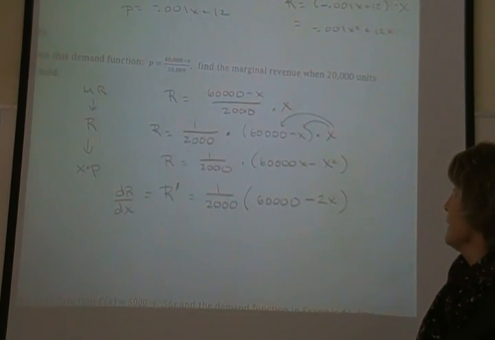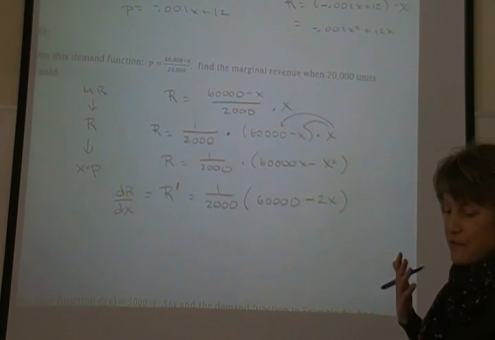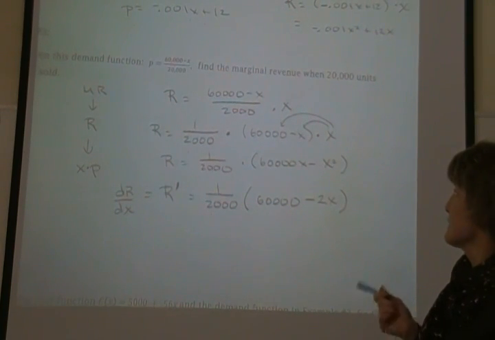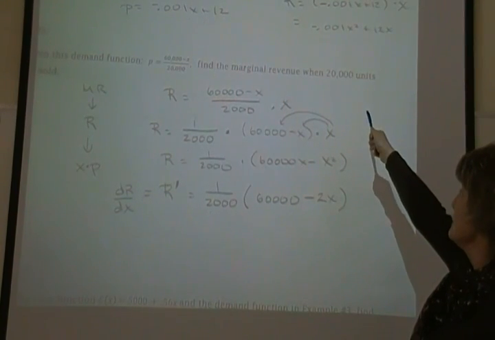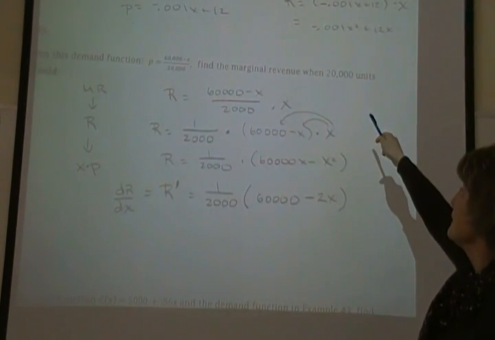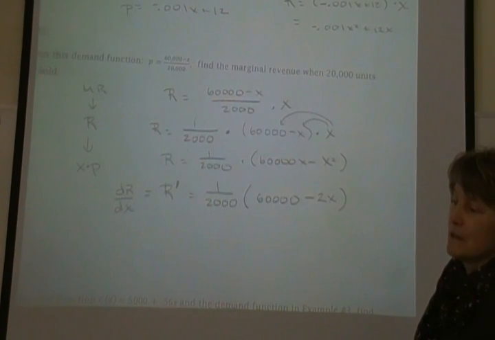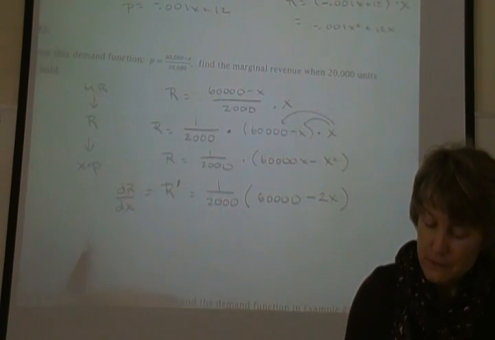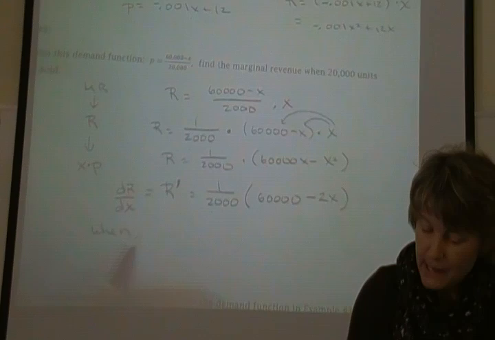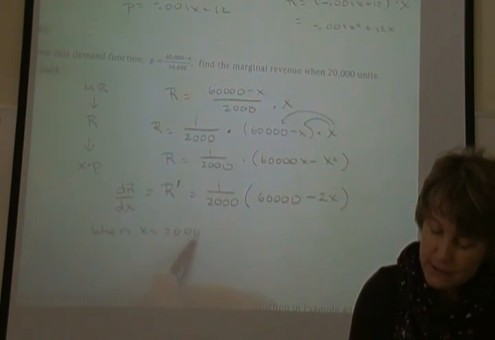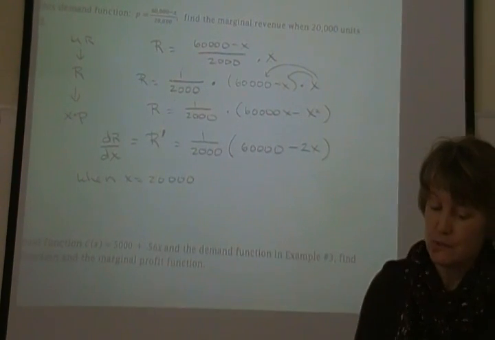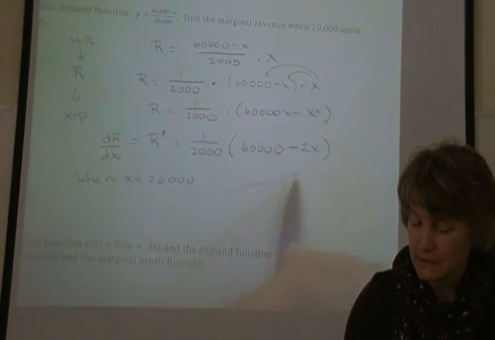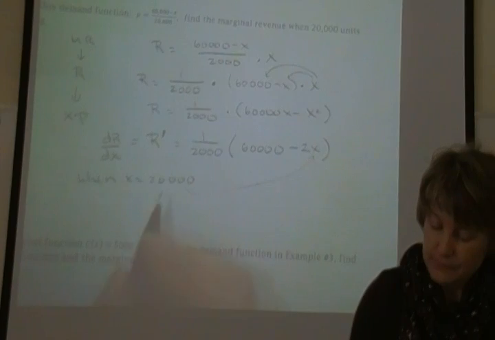And to finalize my answer, they wanted marginal revenue, which I have, but when 20,000 units are sold. So when x equals 20,000, because x is always the number of units, all I've got to do is plug 20,000 in for x.